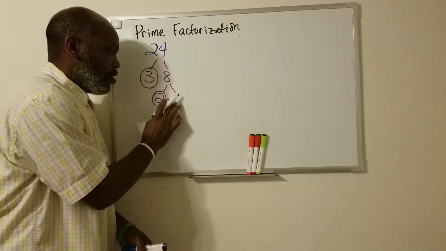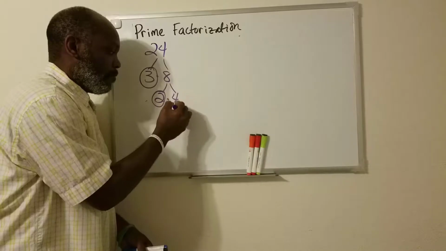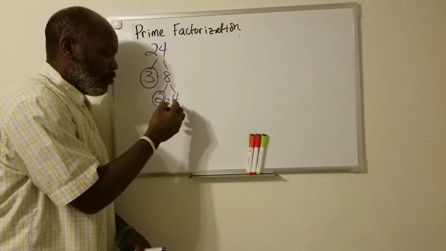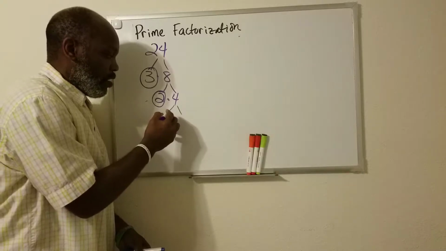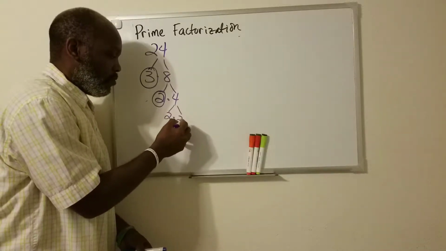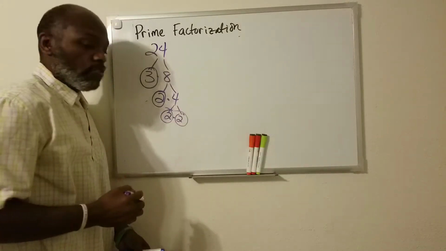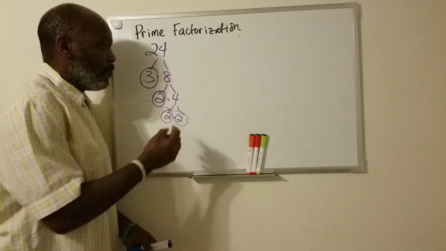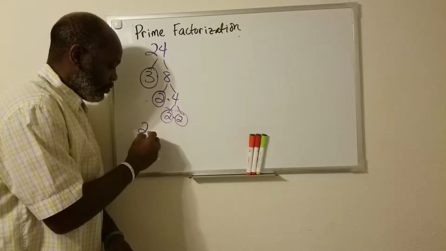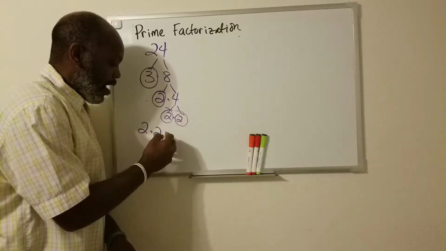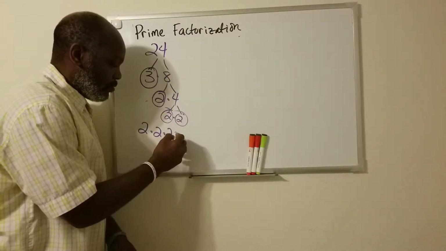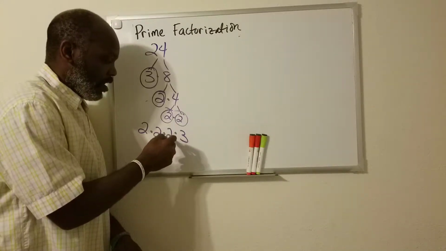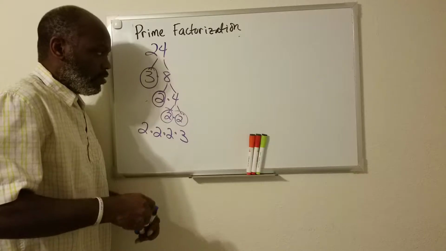Sorry, 2 times 4 instead of 2 times 8. 2 is a prime number, so it stays. And 4 is a composite because it has more than two factors. Our factors are going to be 2 times 2, and both of those are prime numbers. So we would write it in numerical order. You don't have to, but it just looks nicer. 2 times 2 is 4, 4 times 2 is 8, and 8 times 3 is 24.